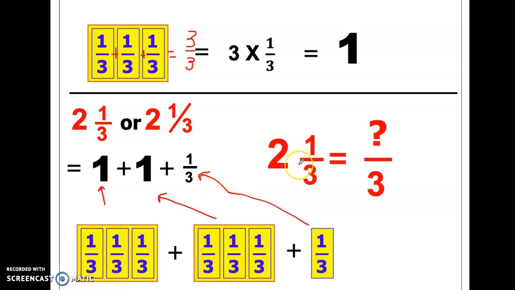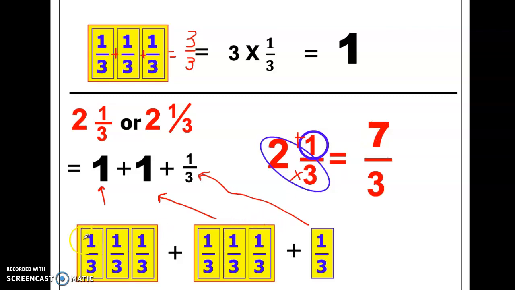Okay, so we have 2 1/3 is equivalent to how many thirds? Well, we can count them all. We can add all of our numerators, or we can also do the Texas squeeze, which will be Texas, we'll put our T, X, Texas squeeze, which will give us 3 times 2, 6, plus 1 would be 7.